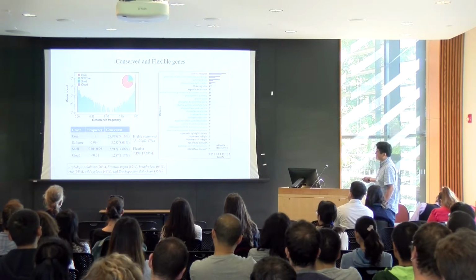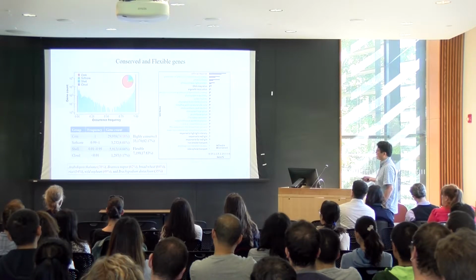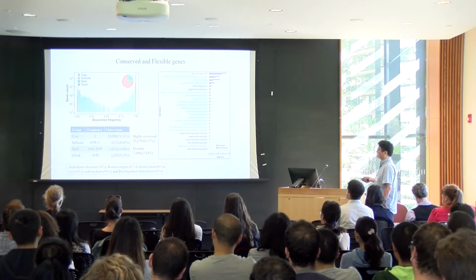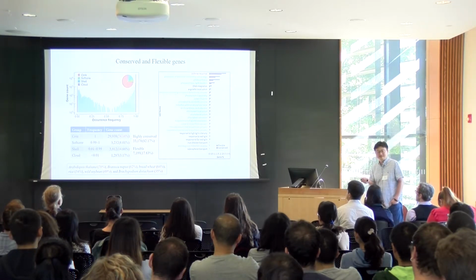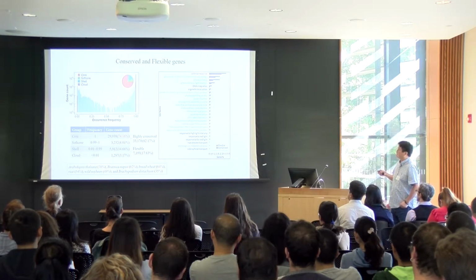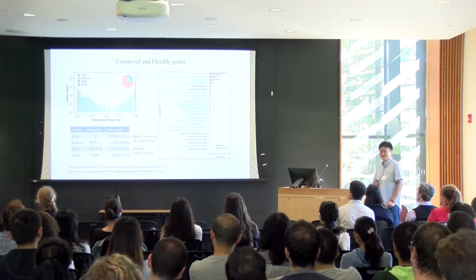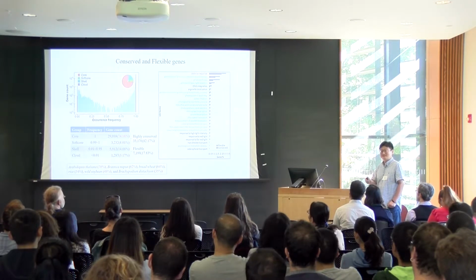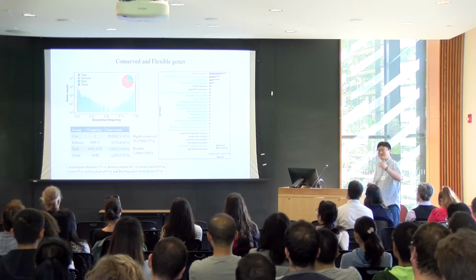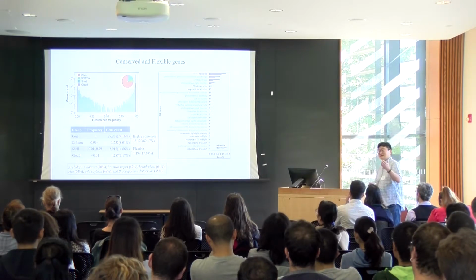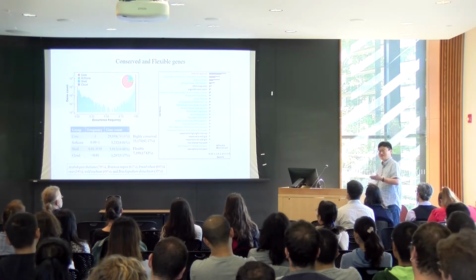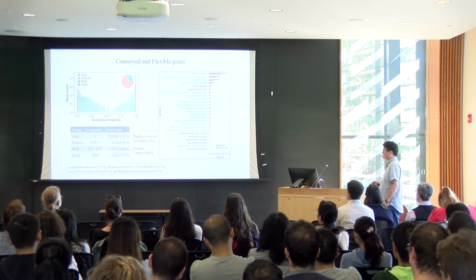We further grouped them into highly conserved genes and flexible genes. We checked the flexible genes. We did a GO enrichment analysis, and we found most of them are related to defense response. That's what we expected, because during domestication, a lot of defense response genes were lost.